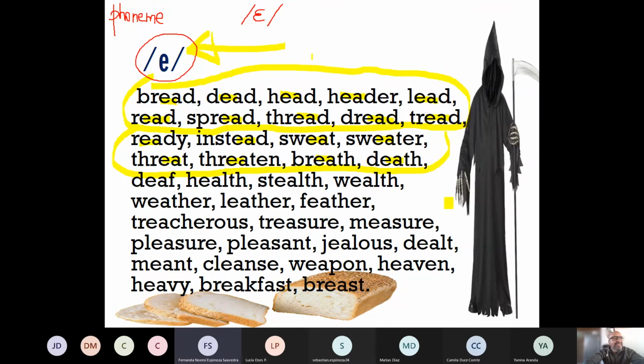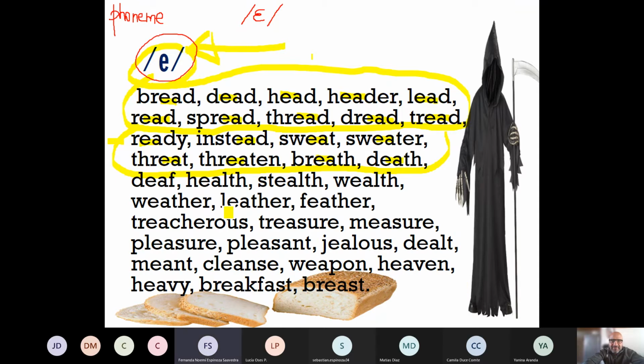Okay, remember we're practicing the sound A. That's all right. Go from the beginning, please. From ready. Ready, still, sweet, sweeter, treat, treated, breathe, dead.